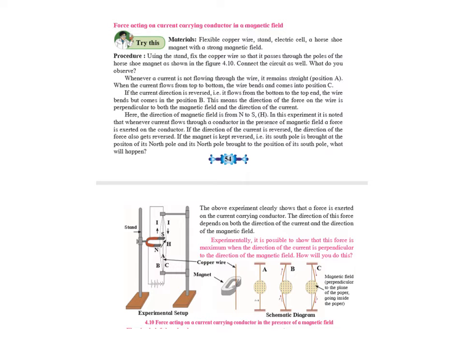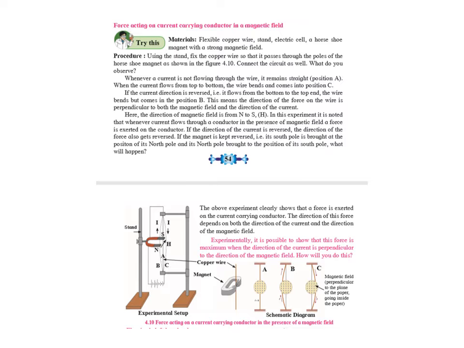When the direction of the current is going from top to bottom, the wire gets deflected and comes into position C. When the direction of the current is from bottom to top, the wire gets deflected and comes into position B.